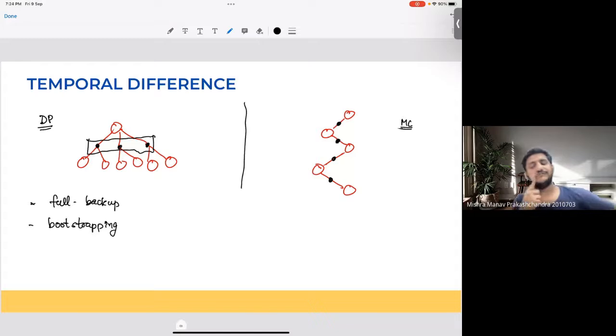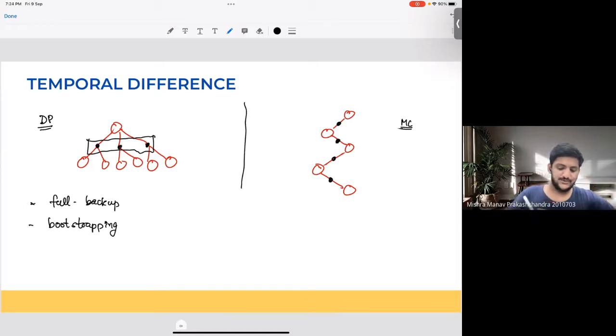By bootstrapping, what we mean is that you're trying to estimate something that is happening in the future based on an estimate that you have in the present time. So you're not taking the absolute value, but rather making some future estimate based on an estimate. That is bootstrapping.